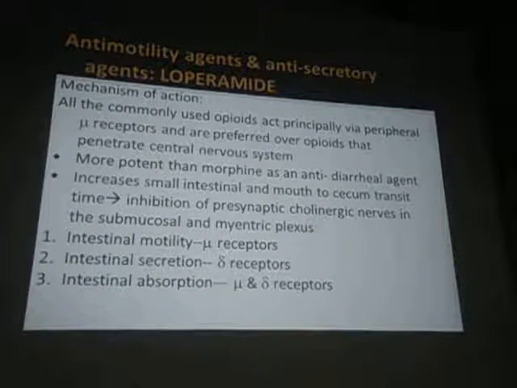How do we go about this? We can go for antibiotics initially, or probiotics, antisecretory, antimotility, other drugs which are mild in action, so that the infection is treated first. Then we can go for loperamide.